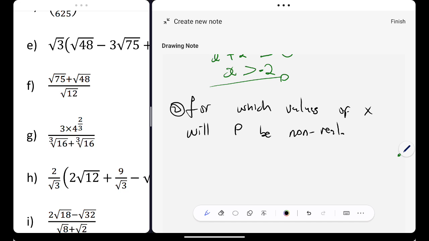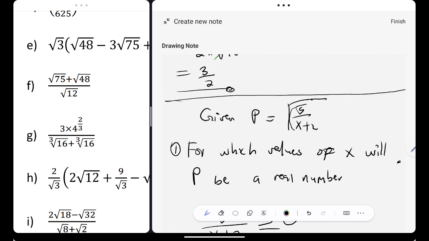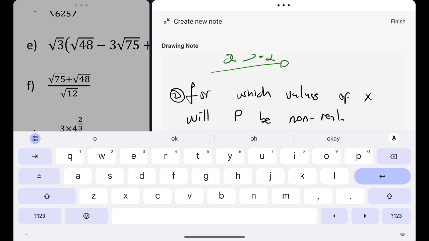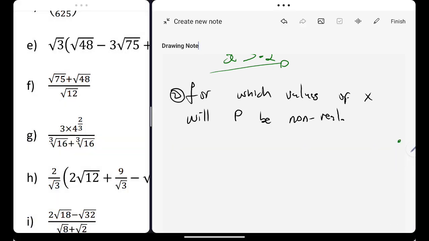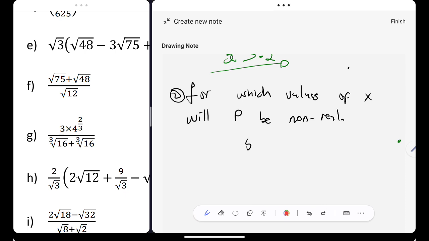Okay, p will be non-real if whatever is inside the square root, this guy, is negative. Are you together? So what will I do? I'll just say, let me write with a different color, 5 all over x plus 2 is less than 0.